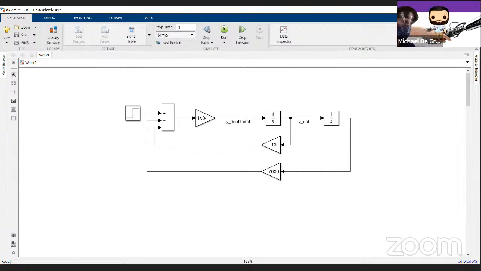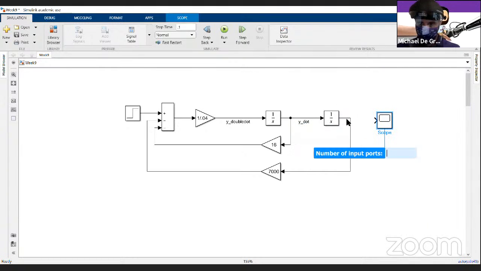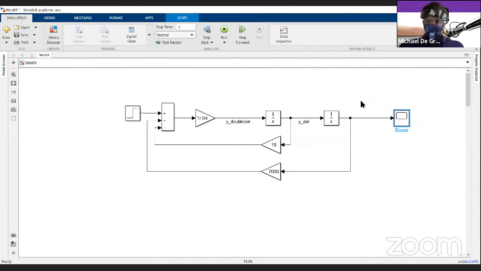But we don't have any way of checking what this looks like, right? So we're going to include a scope as well. So I'm going to throw a scope right on the end. And there we are.